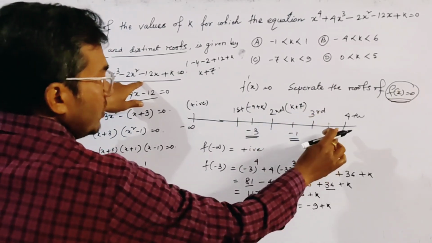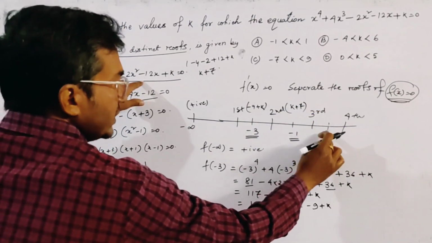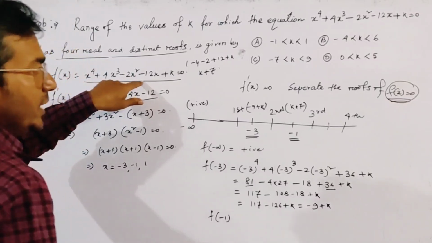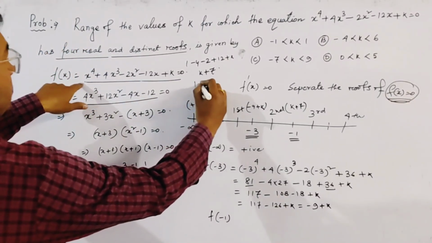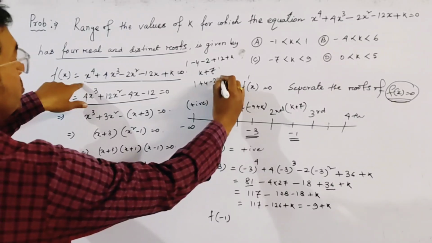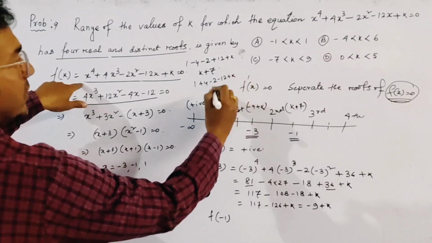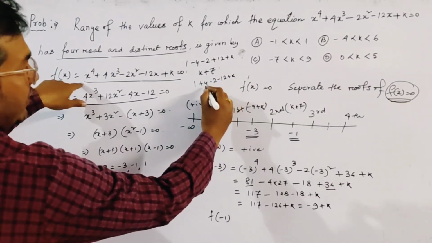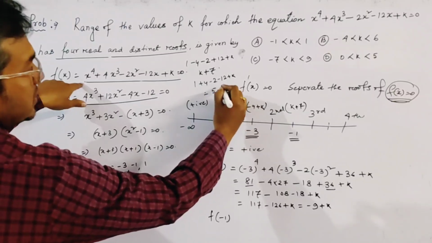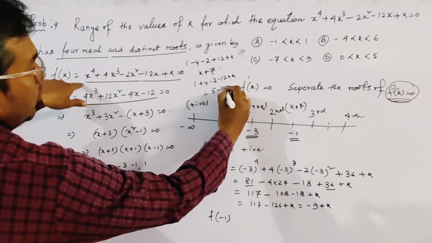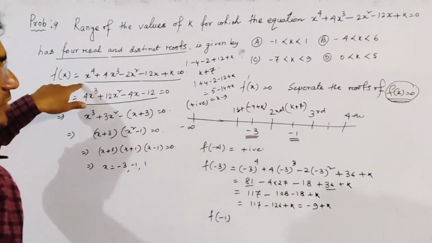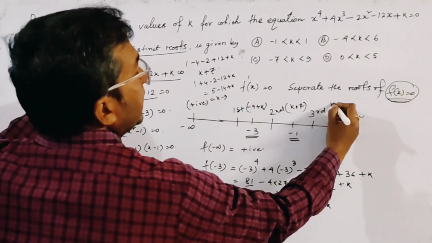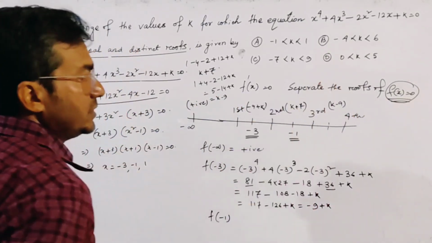Also we find the value of f(1): 1 + 4 - 2 - 12 + k, which gives 5 - 14 + k, so we get k - 9.